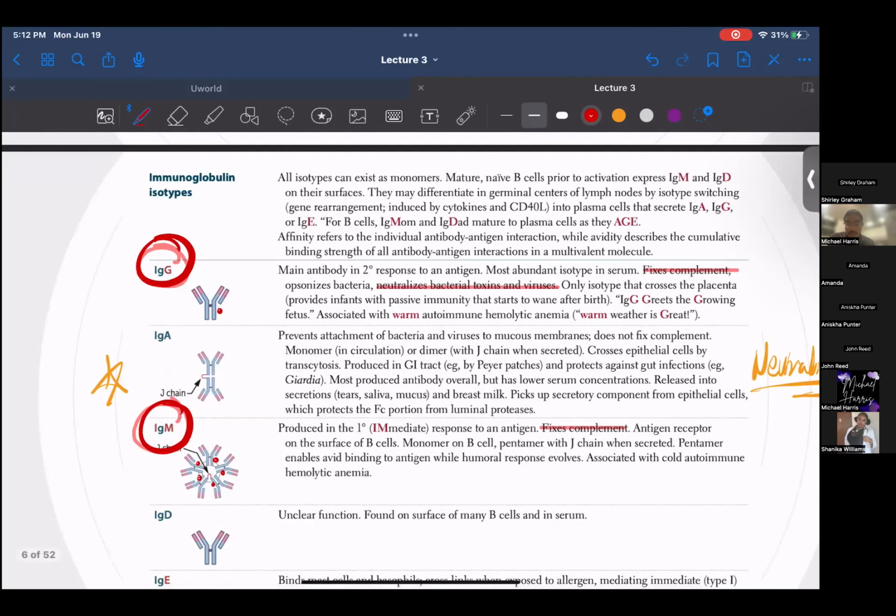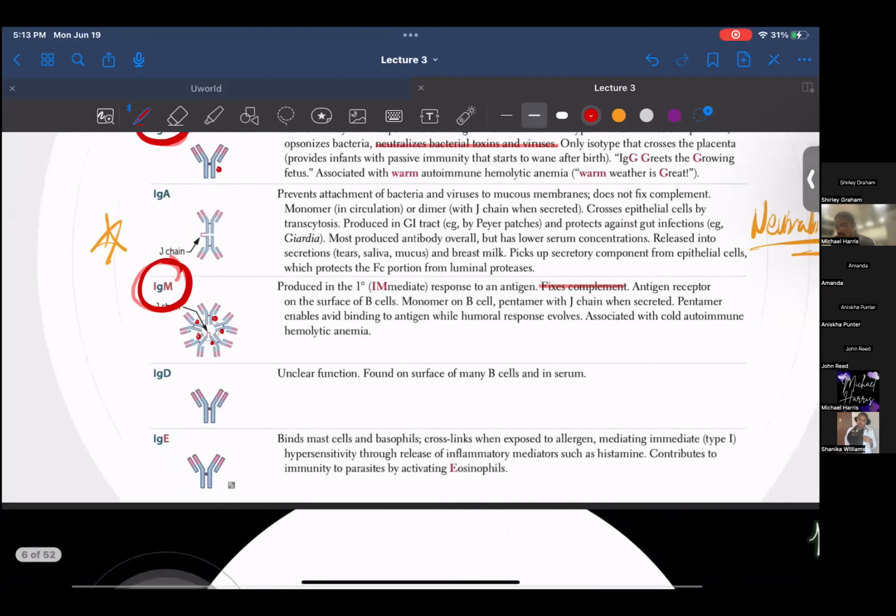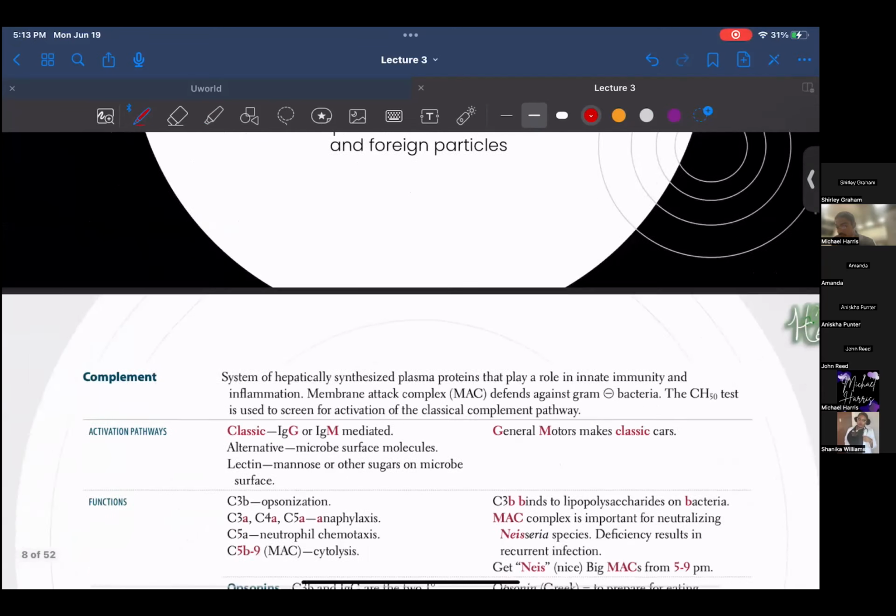So that's a big difference. One is very good for neutralizing toxins and viruses. One is very good in activating complement. Okay, good. Any questions on that before we move on? No? Okay. Now, those were just the extra bits and pieces that I didn't talk about last time.